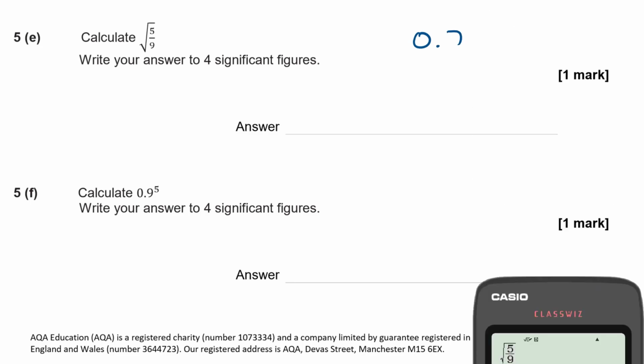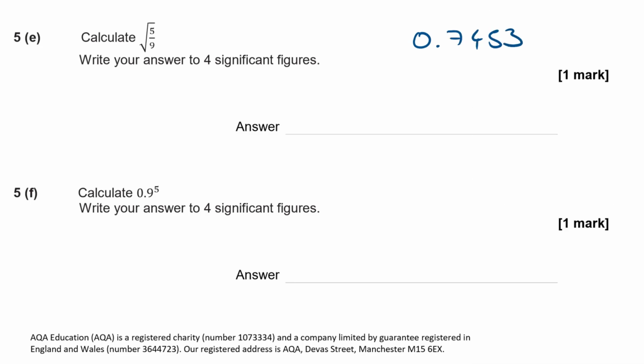0.7453559925. Okay, and then I'm going to round it off to 4 significant figures. Now that 0 at the front isn't my first significant figure, the 7 is. My first significant figure is always the first non-zero digit, so that's the first, second, third, fourth.